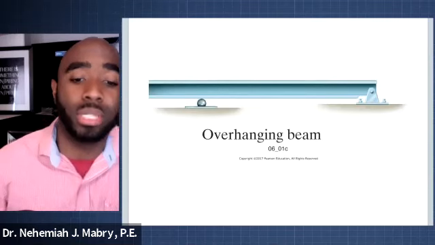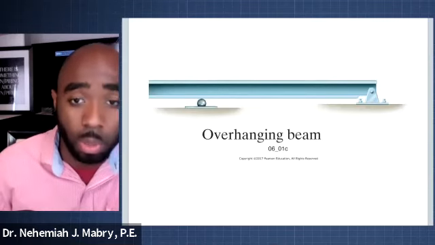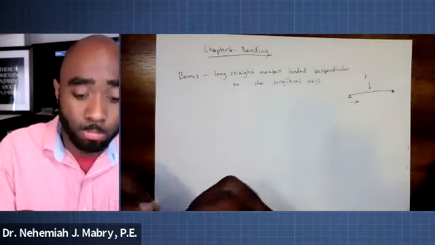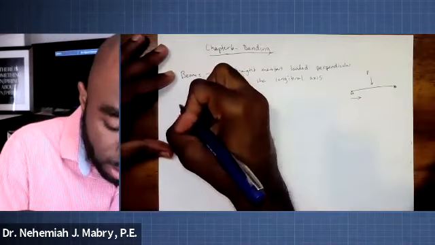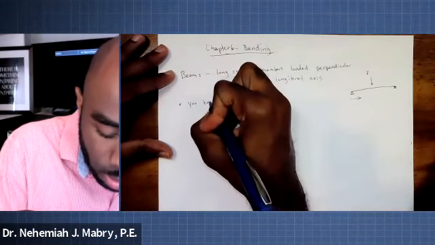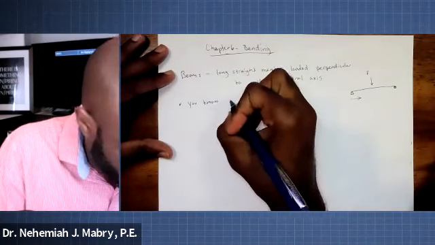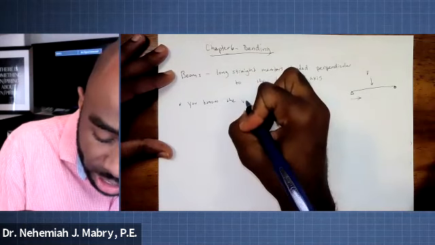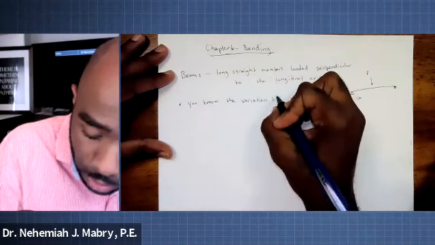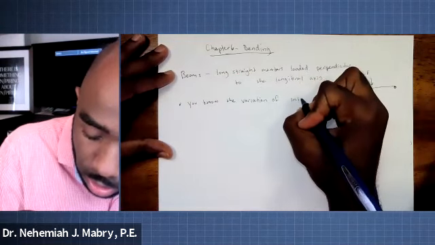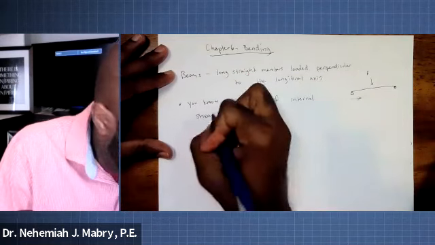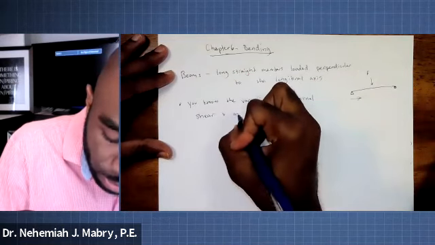Now, when it comes to designing beams, when it comes to determining what type of beams we need, what we must do and what we must account for is that you must know the variation of internal shear and moment, right?